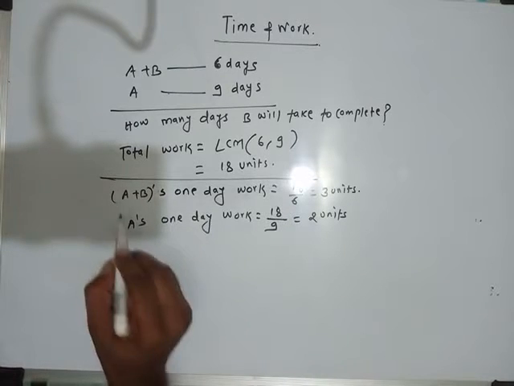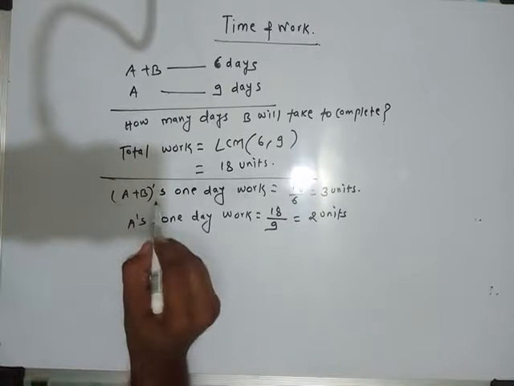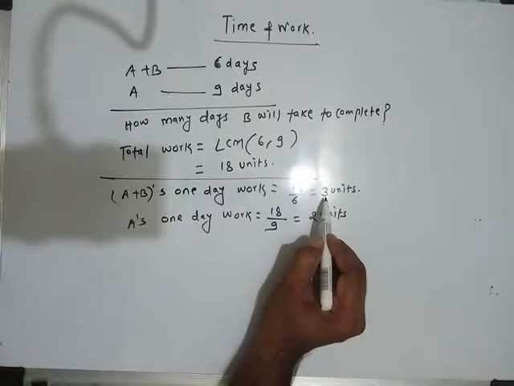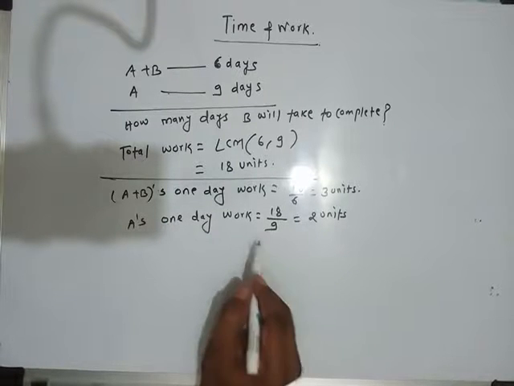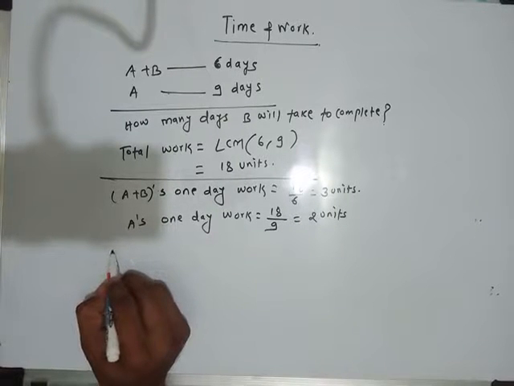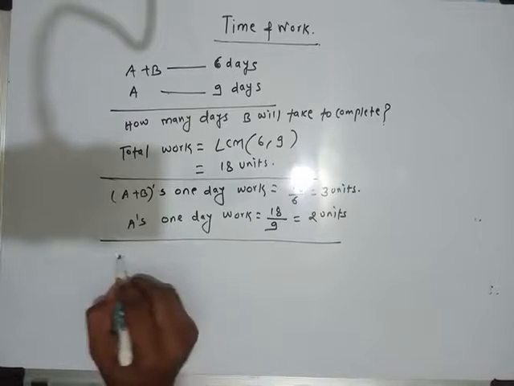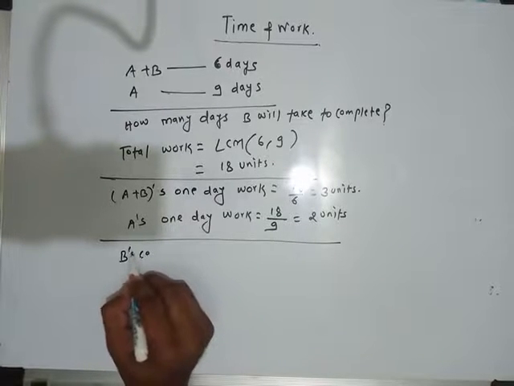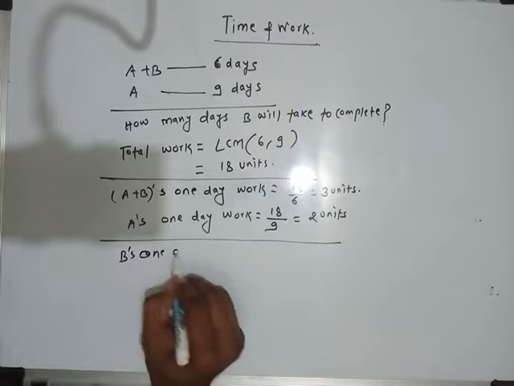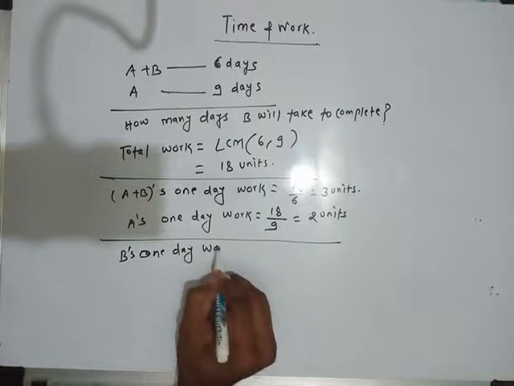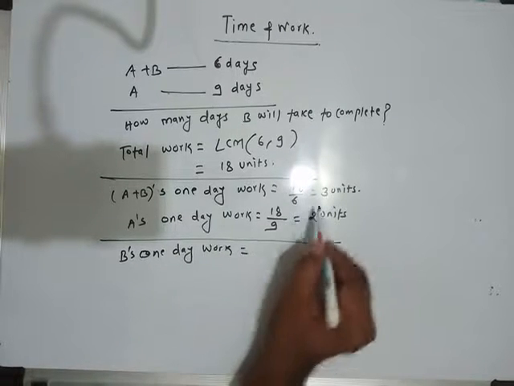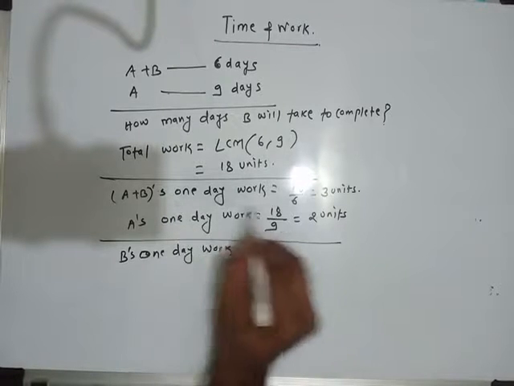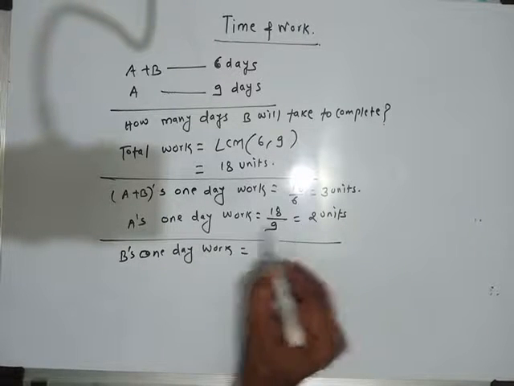So now you see here A plus B are doing 3 units of work in one day, and A alone can do 2 units of work. So how many units can B alone do? B's one day work is equal to 3 units, which is A plus B, minus 2 units, A alone.